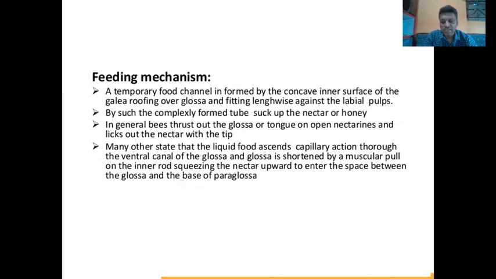These are the modifications. Feeding mechanism: how the honeybees feed on their food materials. The food channel is in the form of the concave inner surface of the galeae, roofing over the glossa and fitting lengthwise against the labial palps. The labial palps make a food channel, such that the complex formed tube sucks the nectar or the honey.